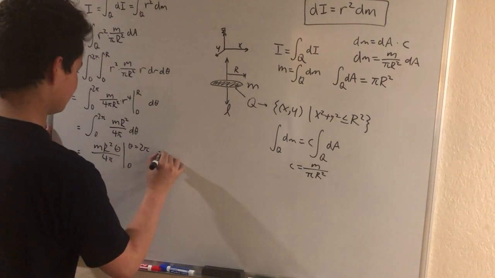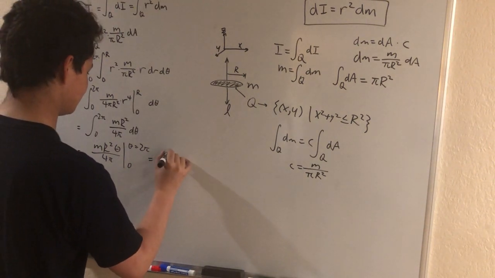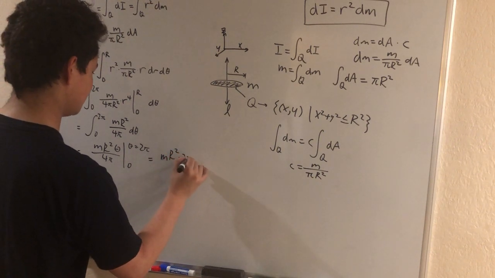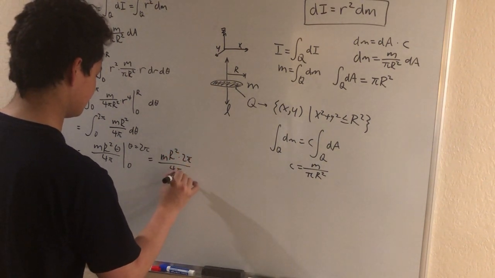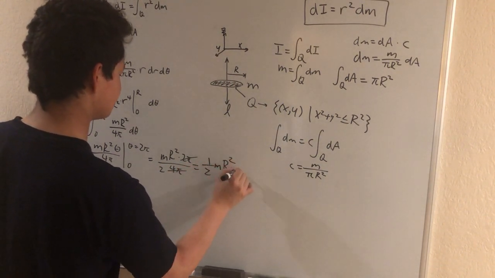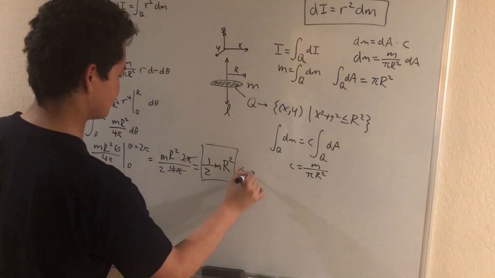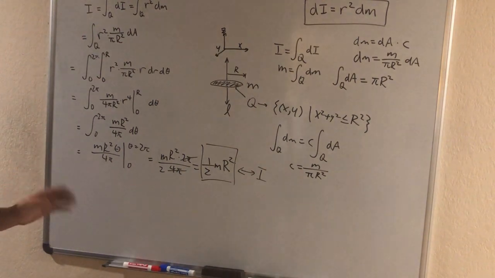So that's m times R squared times 2 pi over 4 pi, which equals 1/2 m R squared. That is our I, the moment of inertia of a disk.